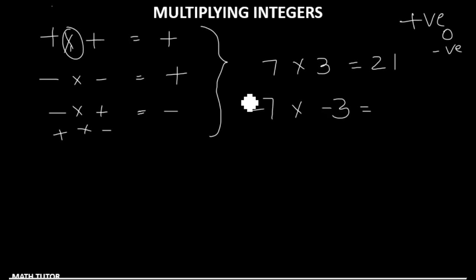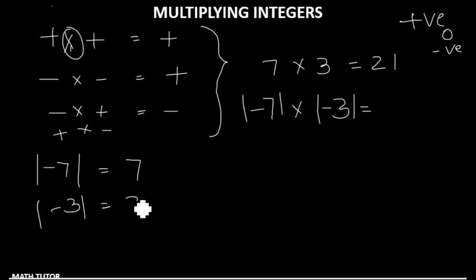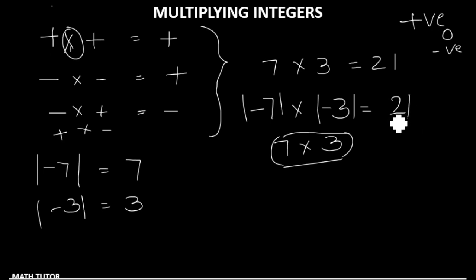While multiplying, you should always consider the absolute value of the integer. For example, the absolute value of minus 7 is 7 and of minus 3 is 3. So it becomes 7 times 3.